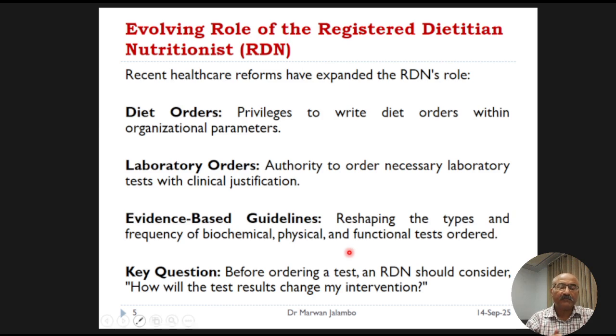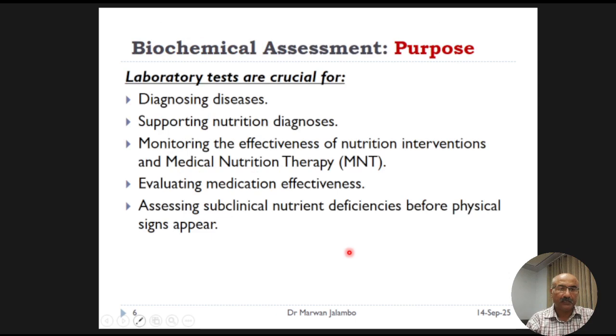So let's focus first on the biochemical components in our assessment, and the purpose of the biochemical assessment. Biochemical assessment is the cornerstone of objective nutritional data. We use laboratory tests for several key purposes.